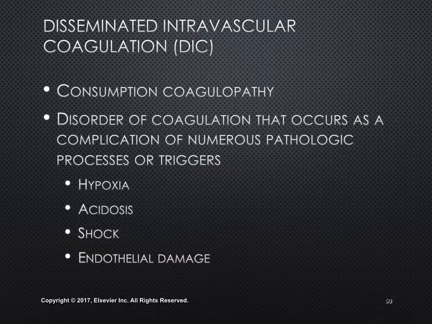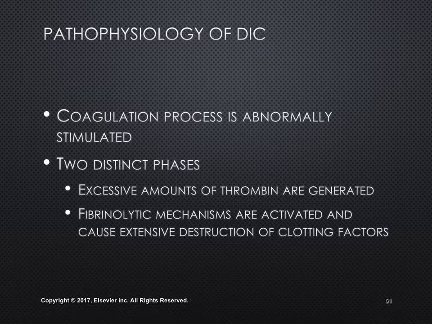So basically what happens is the body consumes the platelets and the clotting factors so that this person is not clotting well, and then it turns around and rebounds. So we'll talk a little bit more about that.